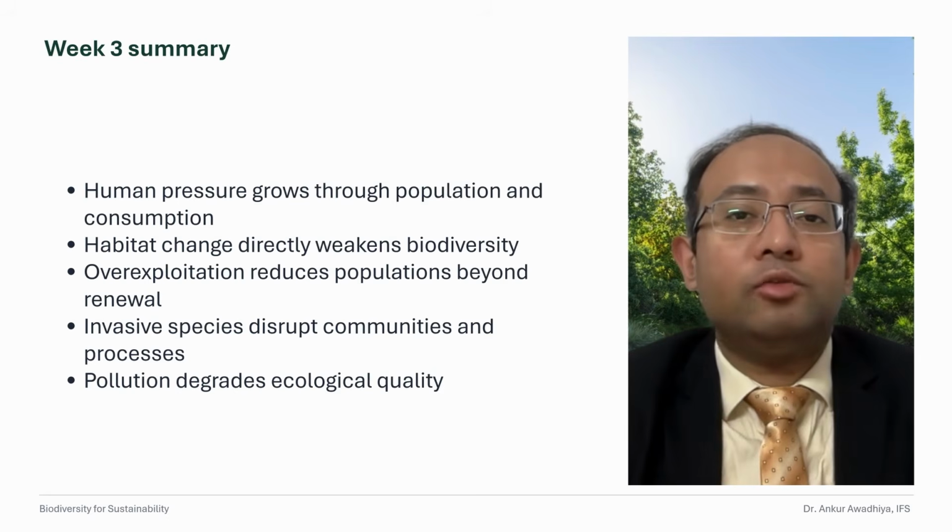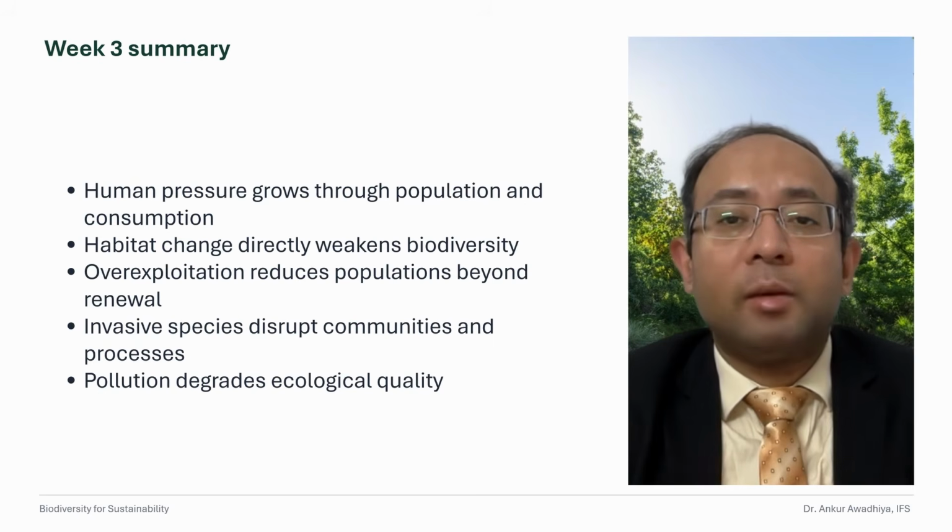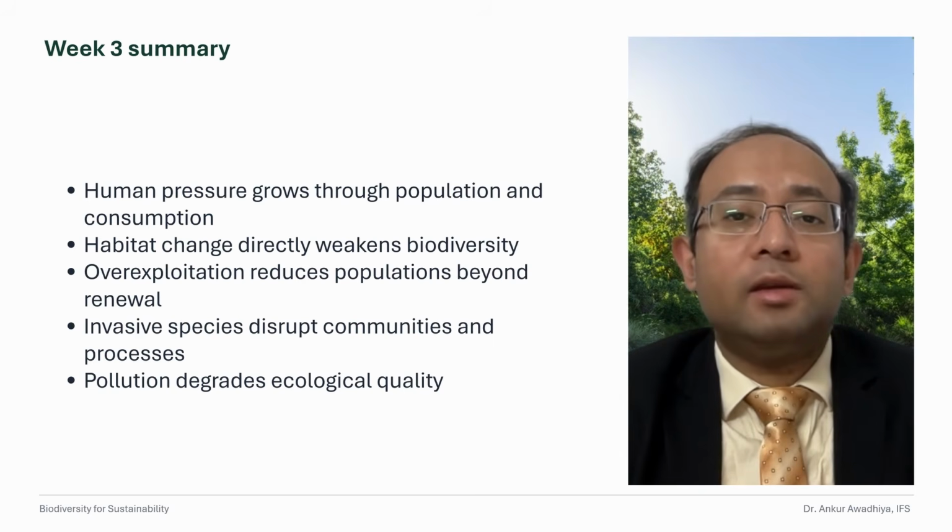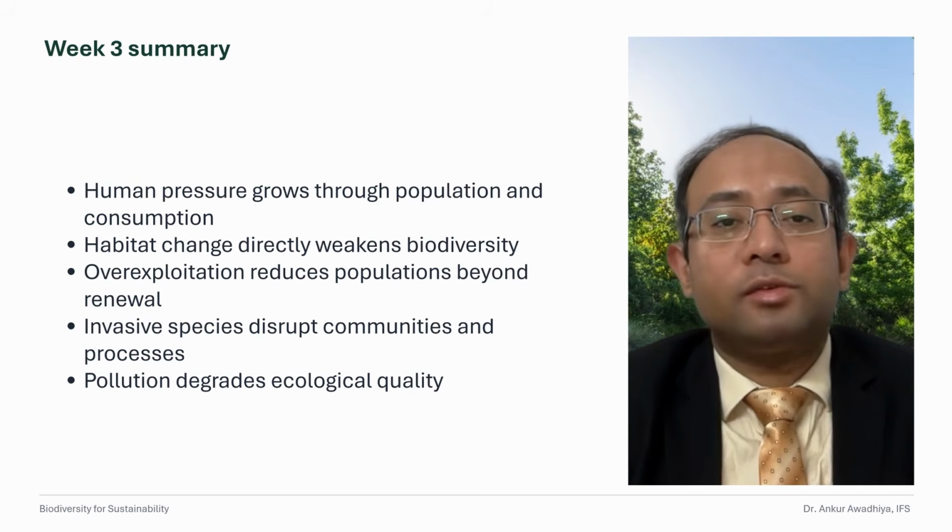This slide brings together the full picture of this week. Human pressure on biodiversity grows through population and consumption. Habitat change weakens biodiversity by reducing and fragmenting the conditions that species need. Overexploitation reduces populations faster than they can recover. Invasive species disrupt community structure and ecological processes.